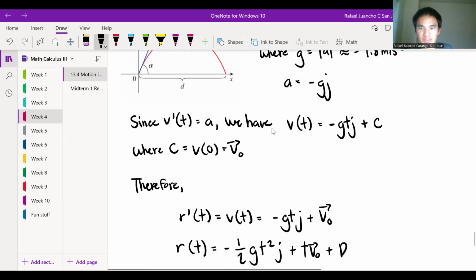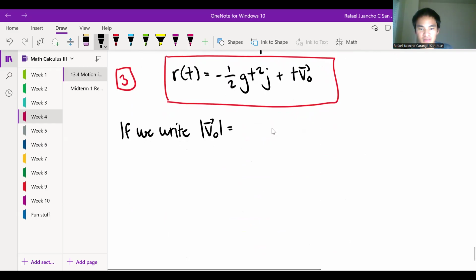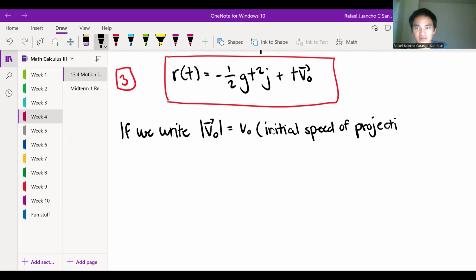Okay, what else are we missing? So if that vector is equal to the initial velocity, the actual initial velocity, or let's call it the initial speed to be more precise. So that's the initial speed of the projectile. And what can we say about it?